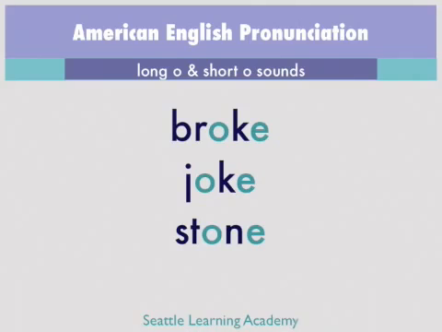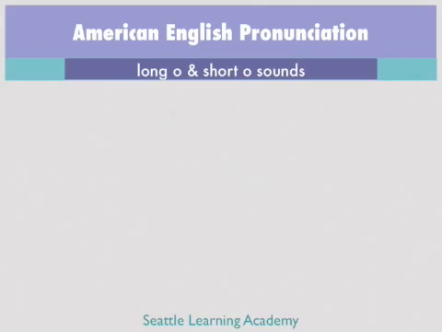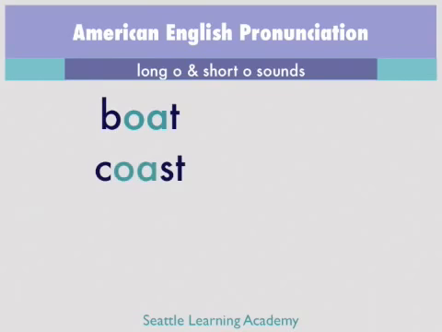The second long O spelling is the O-A spelling, as in the word boat, B-O-A-T. Here are some more examples of words with the long O sound because of the OA spelling. Coat, C-O-A-T.